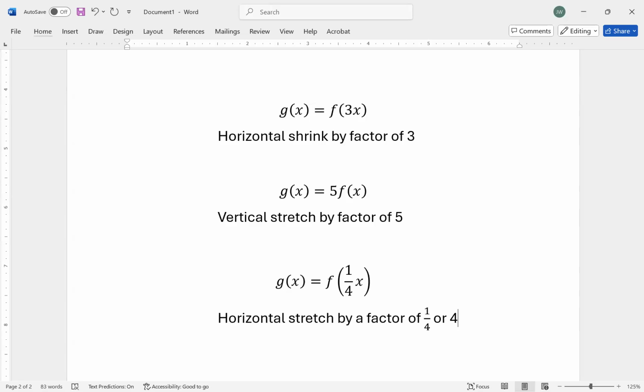Depending on how you think of it, it's getting bigger by a factor of 4 horizontally. That factor is also 1/4 on the reciprocal. So maybe we'll say stretch by a factor of 4, or you can think of it as a factor of 1/4. But there you go. That's the whole thing.